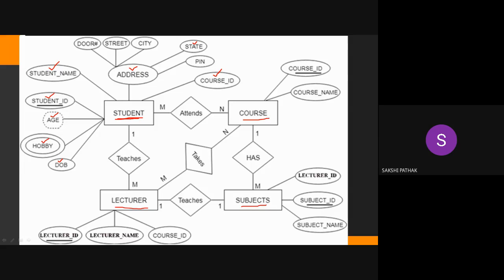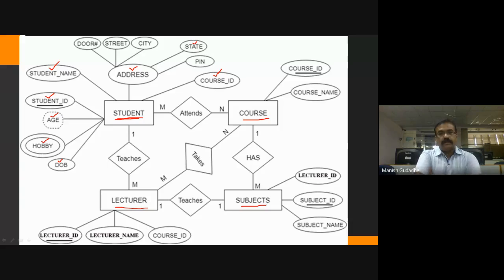The hobby is represented by two ellipses, and age has a dotted ellipse. Right, good observation. So hobby has 2 ellipses, whereas age has a dotted ellipse, and also one thing you can mark is that student ID is underlined here. These are the 3 things which we can observe.